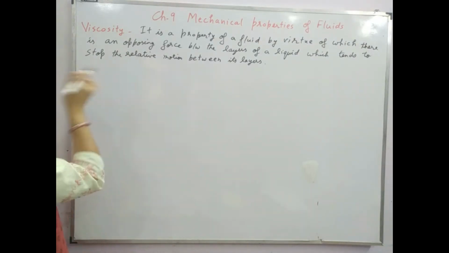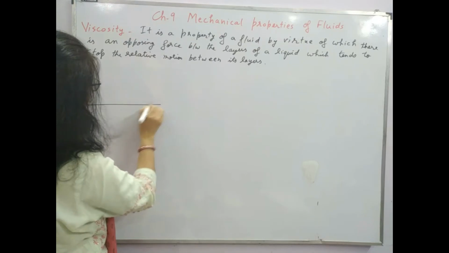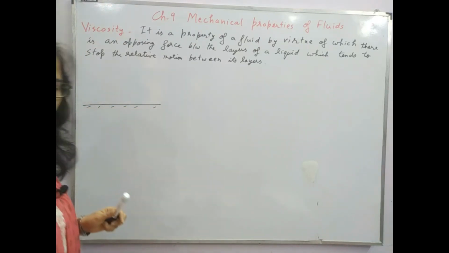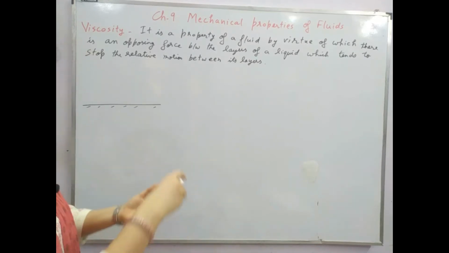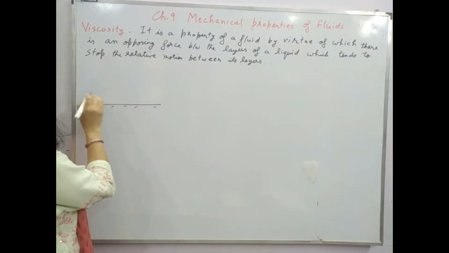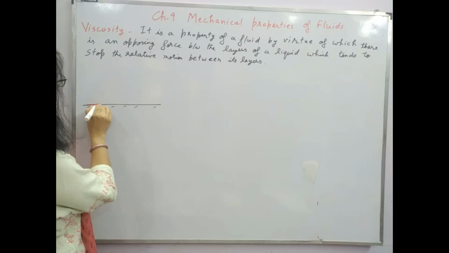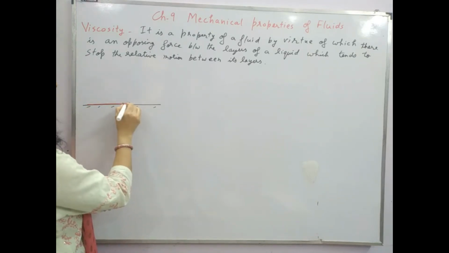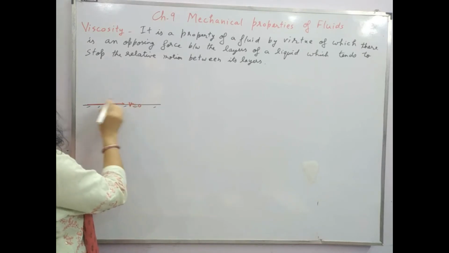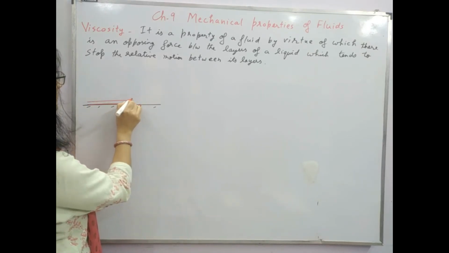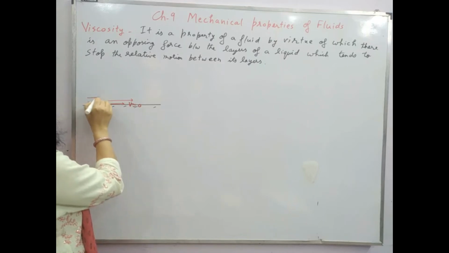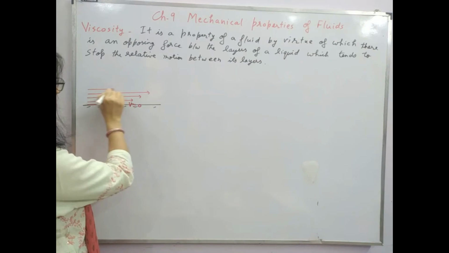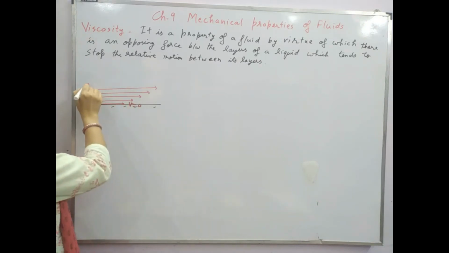Now if we consider this as the surface on which the liquid is flowing, and we have different layers, the layer in contact with the surface is at rest. So V is equal to 0. The next layer is having more velocity. The next layer is having even more. So every next layer is having more velocity.